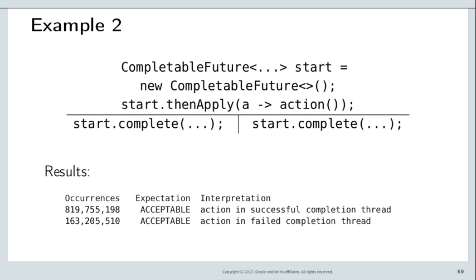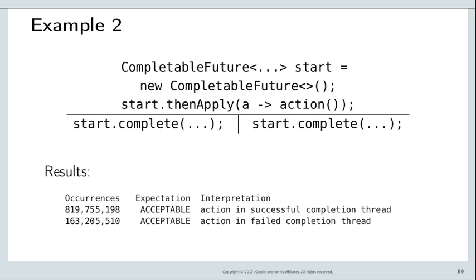Okay, the other situation. What if my chain is constructed long before completion, and I'm just doing completion from two threads? It's normal for CompletableFuture, and in case of such racy completion, only one of them will be successful, and the other completion will fail.